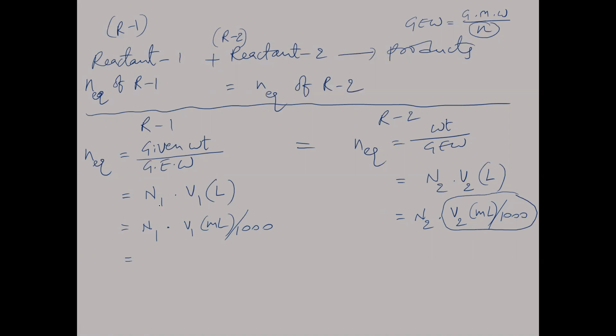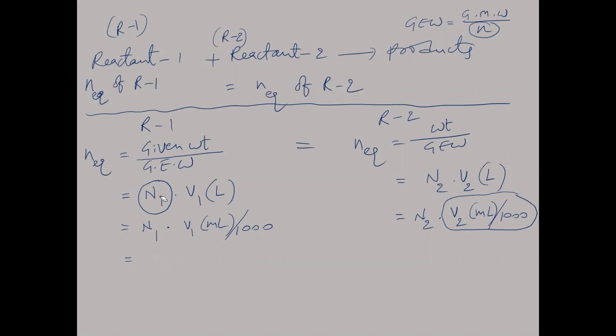And instead of normality, sometimes molarity will be given. When molarity is given, we take M1 in place of N1, that is, M1 into N factor of the first one.